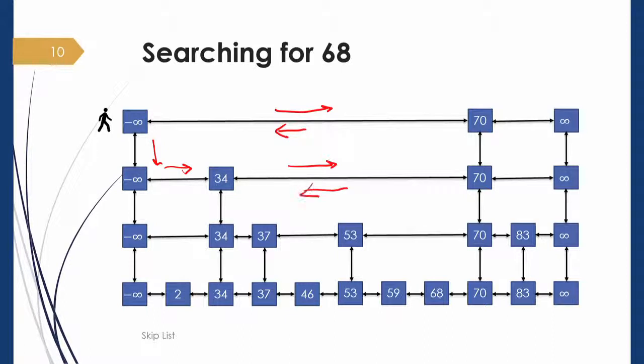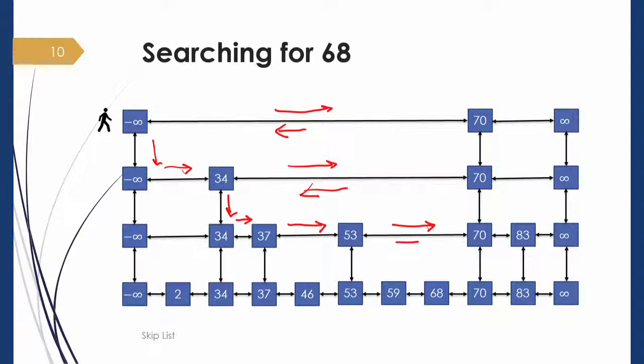So, we return, come down to 34 and search in this level, go to 37, need to search further. From 37 we need to go to 53, need to search further. So, we go to 70, oops, we have overshot our 68.